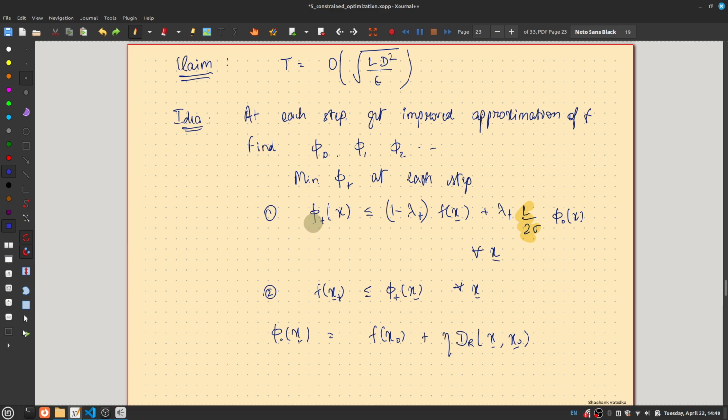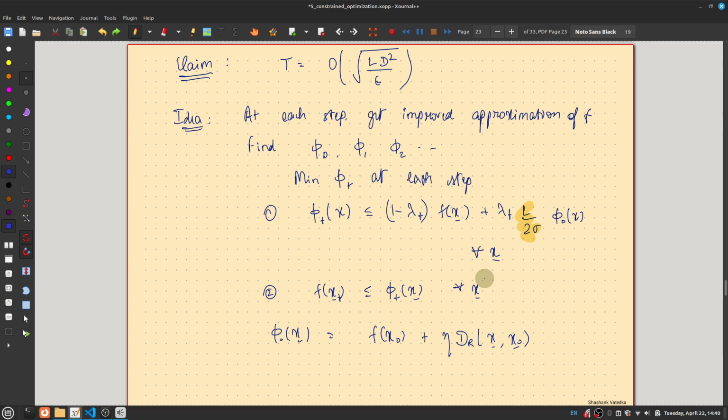What we're claiming is that the accelerated gradient descent algorithm constructs a sequence of phi t's which satisfy the following property. That is, phi t of x is less than or equal to some convex combination of f of x and some scaled version of phi 0 of x for all x, and f of xt is less than or equal to phi t of x for all x.